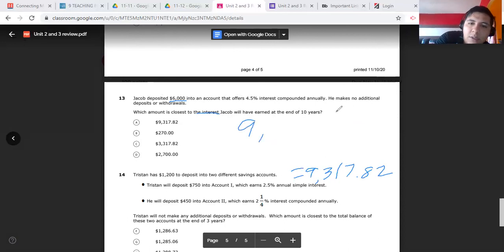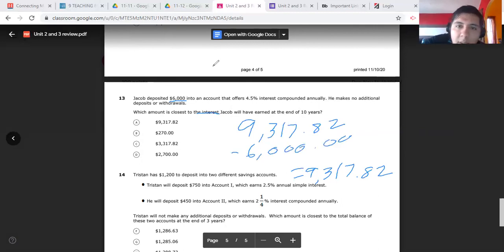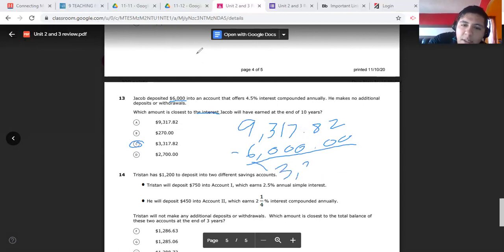So what we need to do is subtract the principal so that we know how much interest we paid. So if we subtract that, the answer should be C, which is 3,317 with 82 cents.